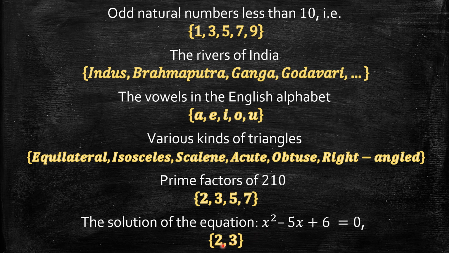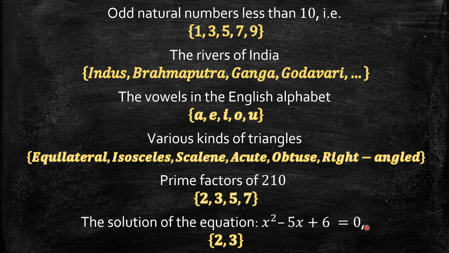That means if you substitute 2, this equation's left hand side will become 0. 2 square means 4, 5 into 2 is 10, 4 minus 10 minus 6 plus 6 is equal to 0. Similarly, if you put 3, both LHS and RHS will be equal, that means 0. 3 square is equal to 9, 5 into 3 is equal to 15, 9 minus 15 is equal to minus 6 plus 6 equal to 0.